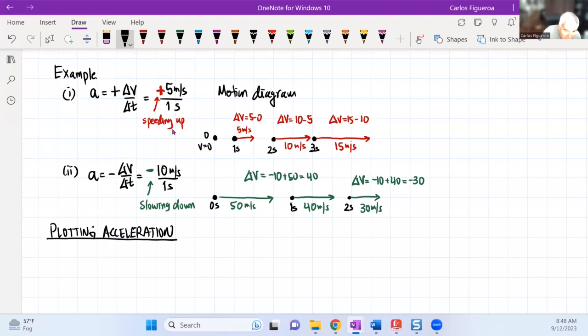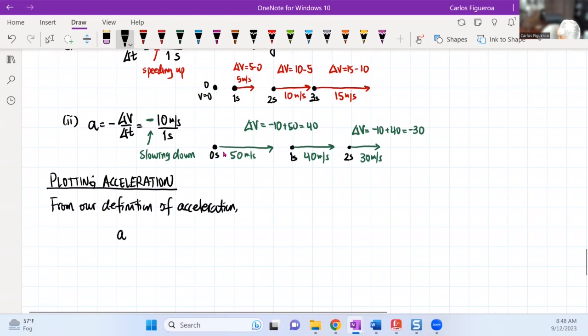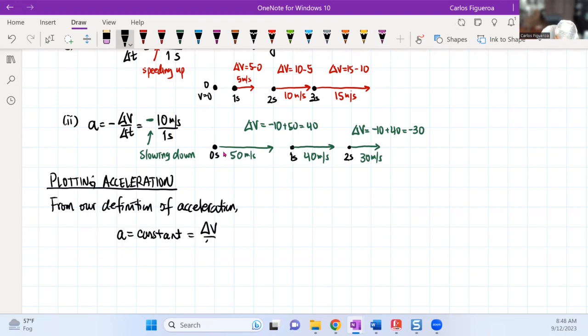What we know here from our definition of acceleration is that our acceleration will always be a constant in this course. And this, by definition, is our change in velocity over our change in time.